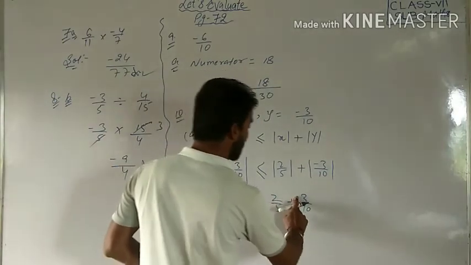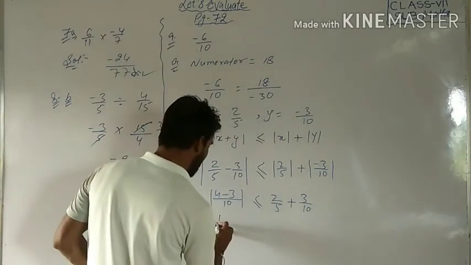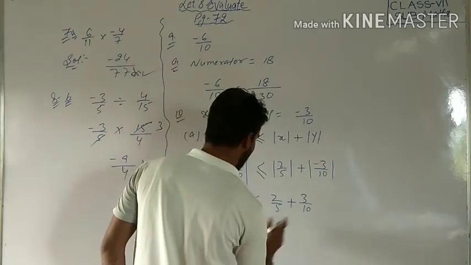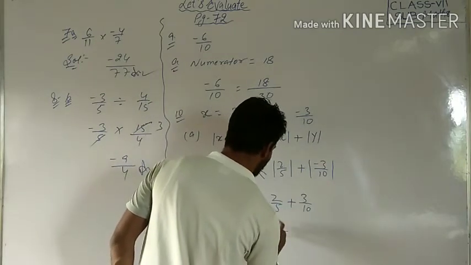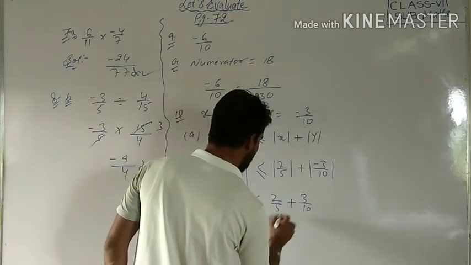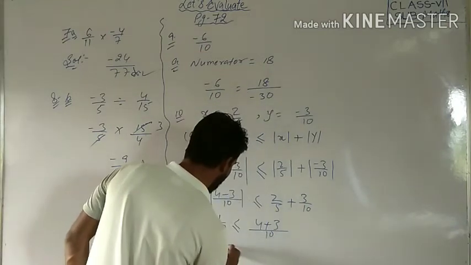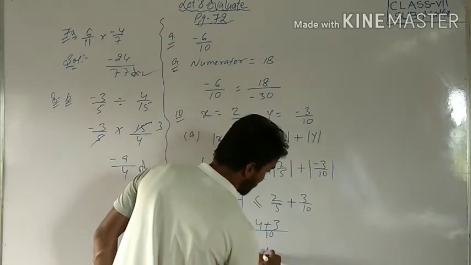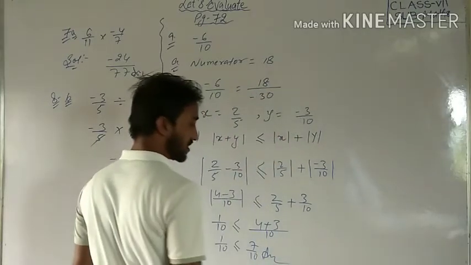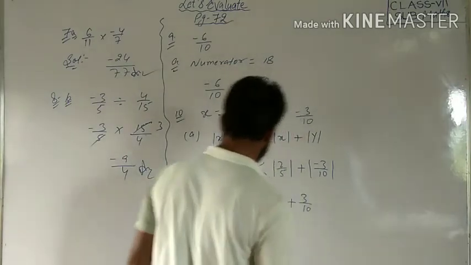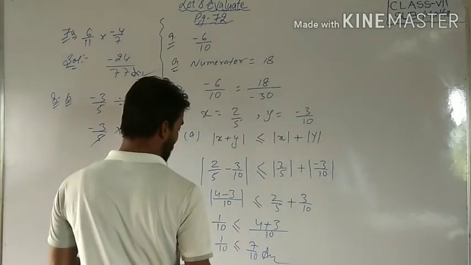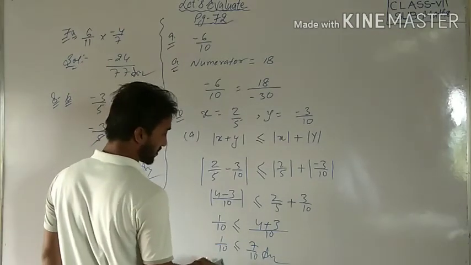So 3/10. Now it becomes 1/10 is greater than or equal to 2/5 plus 3/10. What will the answer be? 10 to 4 plus 3, so 1/10 is greater than or equal to 7/10. Okay, students, I think you have understood. 7/10 is greater than 1/10.